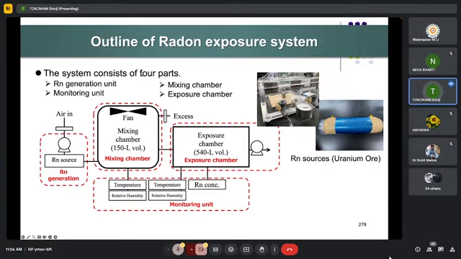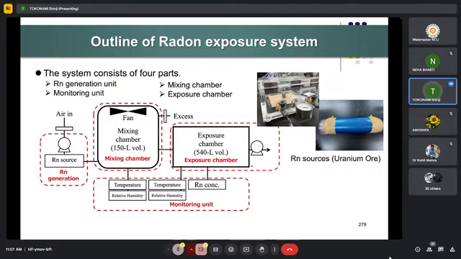The system consists of 4 parts: radon generation unit, mixing chamber, which has an inner volume of 150 liters made of stainless steel, and monitoring unit. In this unit, radon concentration, temperature, and relative humidity are measured.